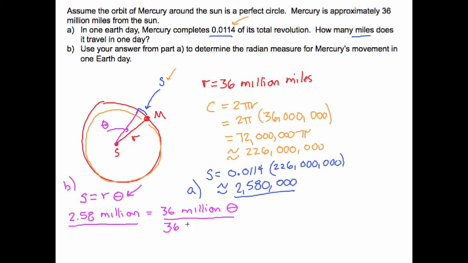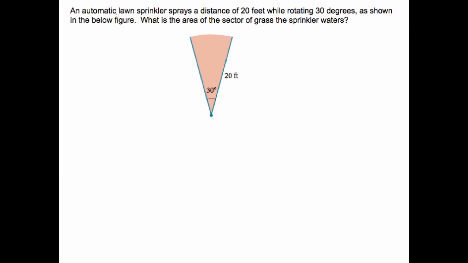By 36 million. So if I divide both sides of my equation by 36 million, I find my radian measure to be approximately 0.0717.